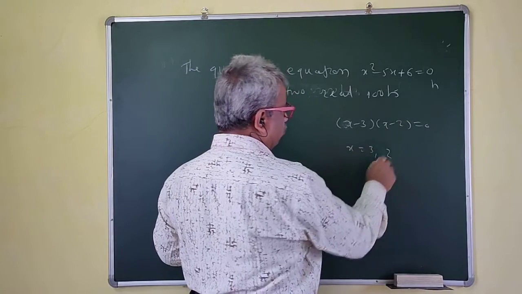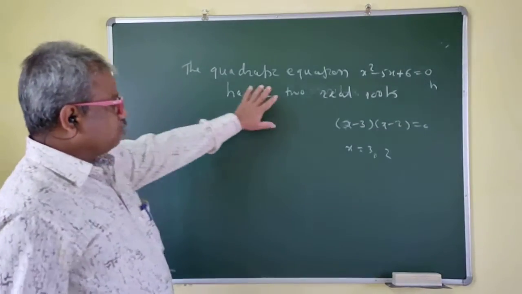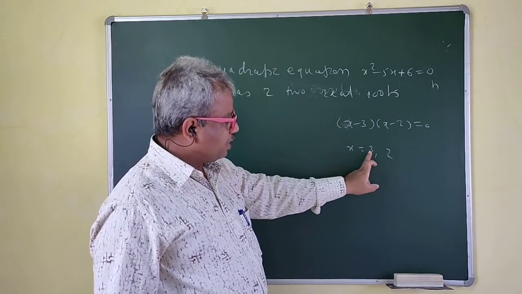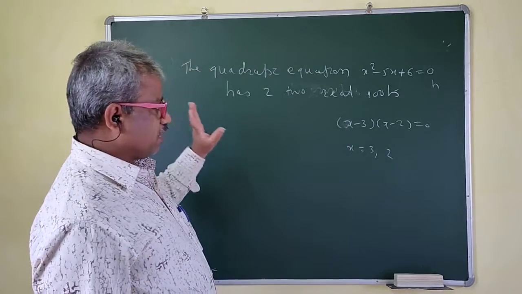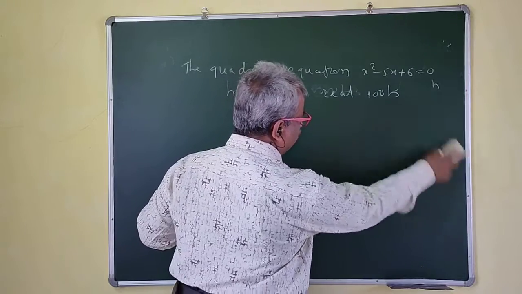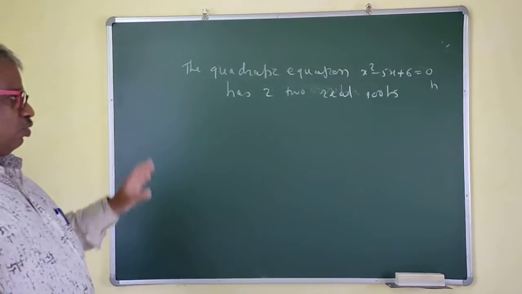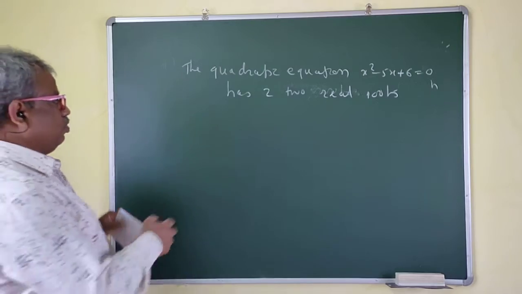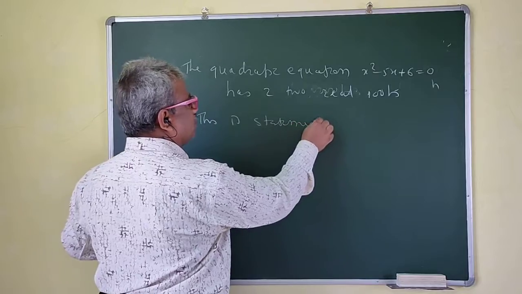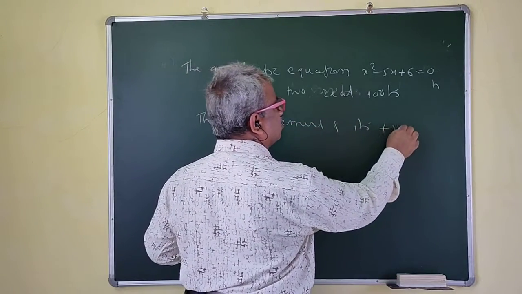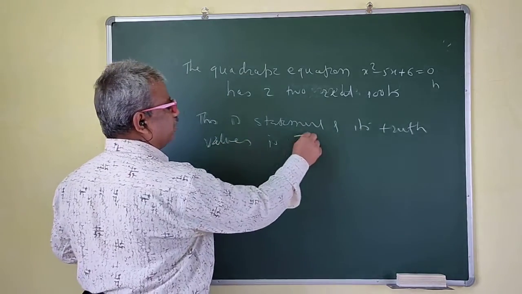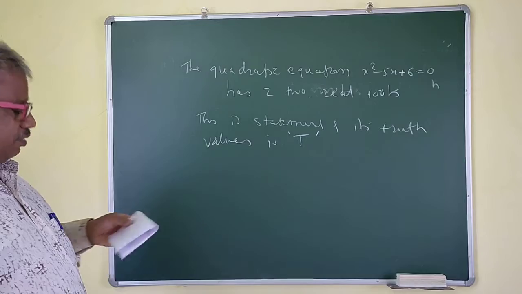So roots are 3, 2. So actually this is a statement, and the values of x are 3, 2. Is it true? So 2 and 3 are real. Therefore the truth value of this statement is true. This is a statement and its truth value is T.